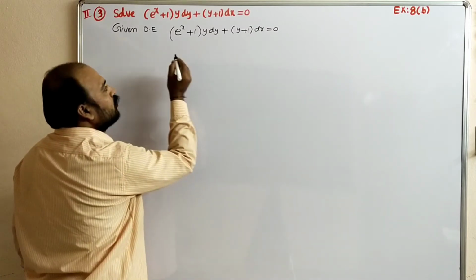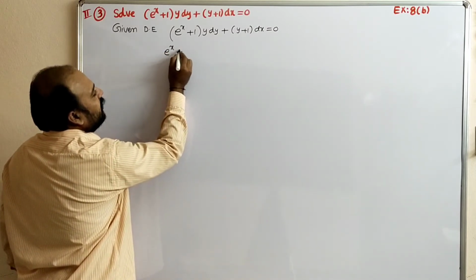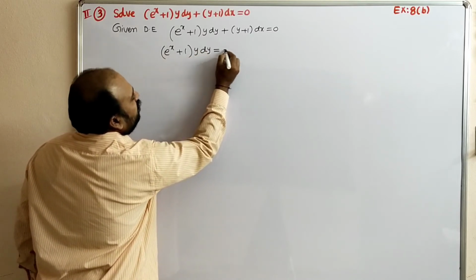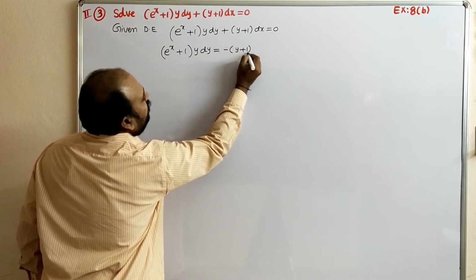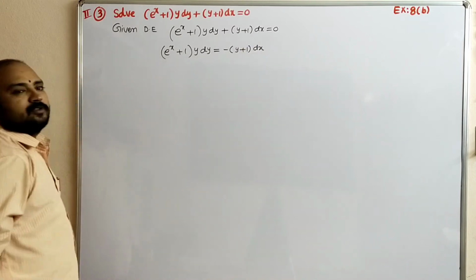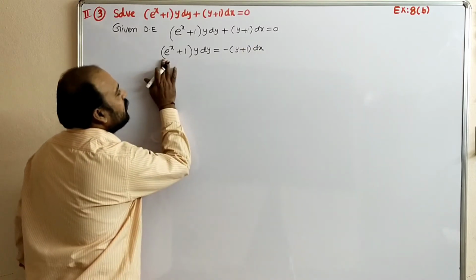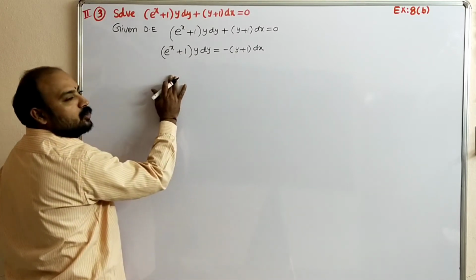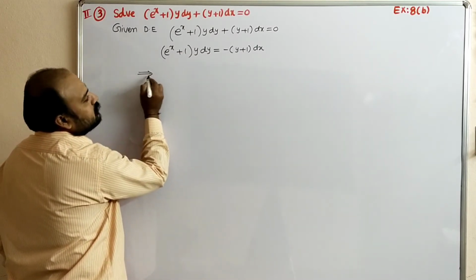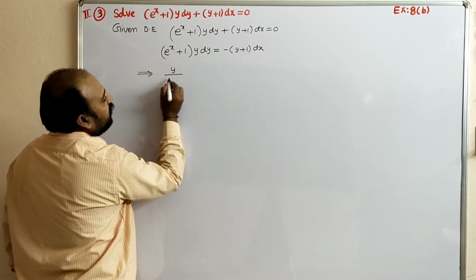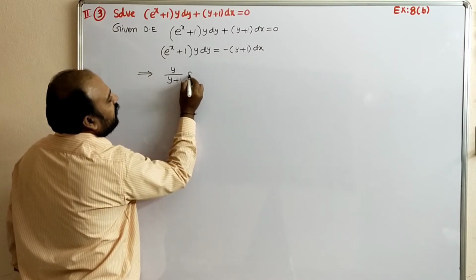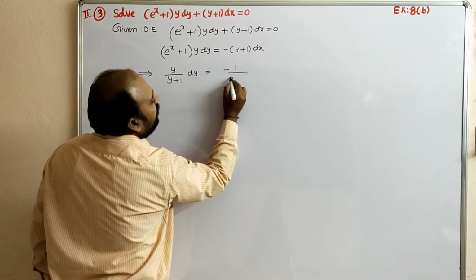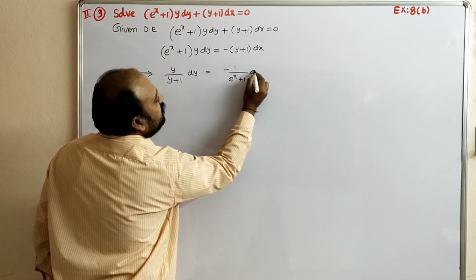Now split into two terms, separate terms. e power x plus 1 into y into dy is equal to minus of y plus 1 into dx. So here x term is there, no? So e power x plus 1 we are taking to this side and y plus 1 we are taking to this side. So it becomes y divided by y plus 1 into dy is equal to minus 1 by e power x plus 1 into dx.